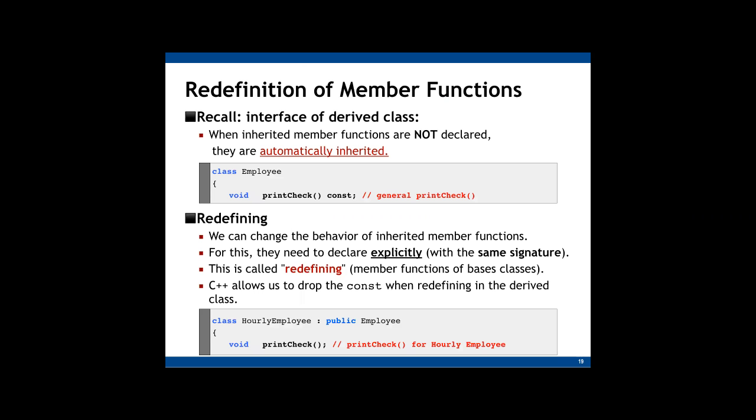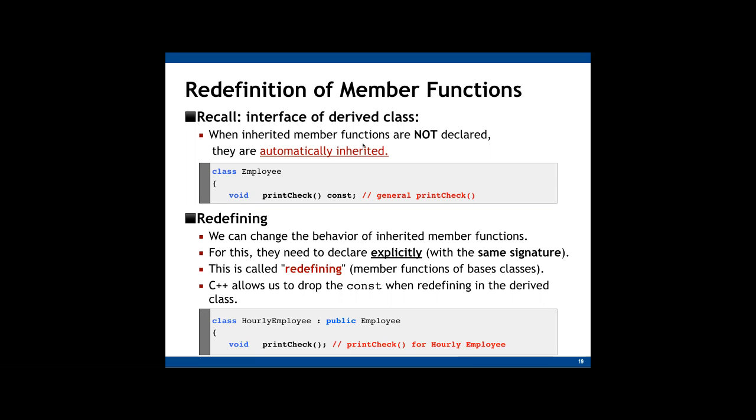In the last sessions, we learned that derived classes automatically inherit all the member variables and member functions of the base class. And we learned that the base class is a parent class and the derived class is a child class. You don't need to declare inherited members in the derived class. They are automatically included in the derived class.